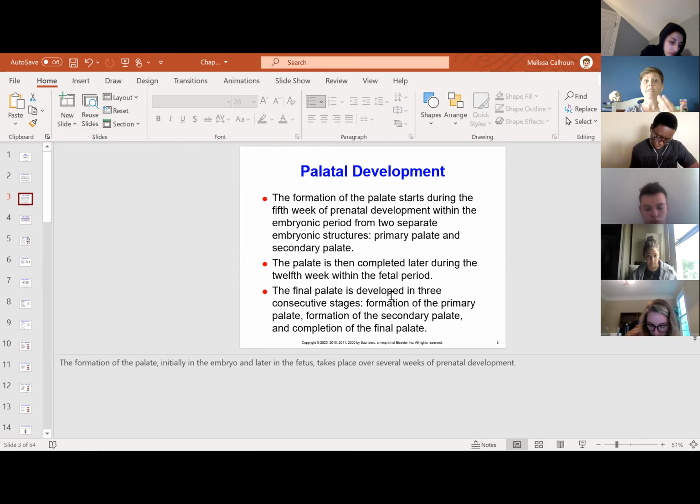You'll know if there's cleft lip by the 6th week of prenatal development. But for the palate, palatal growth is not complete until the 12th week. So therefore, it's important that we know those numbers. Those numbers will not only come up potentially on this quiz or the final. That question could come up in process of care because there's a whole section on cleft lip, cleft palate.